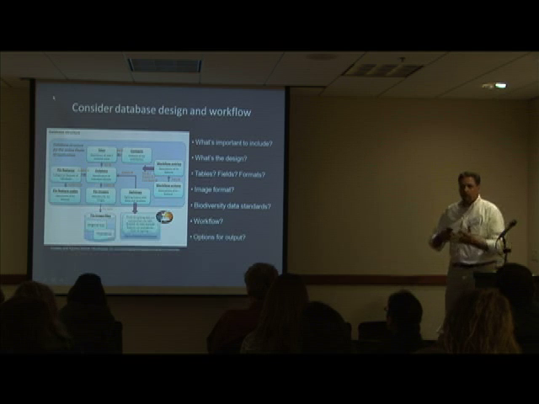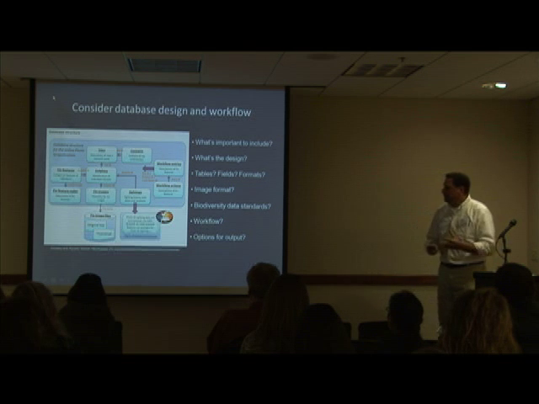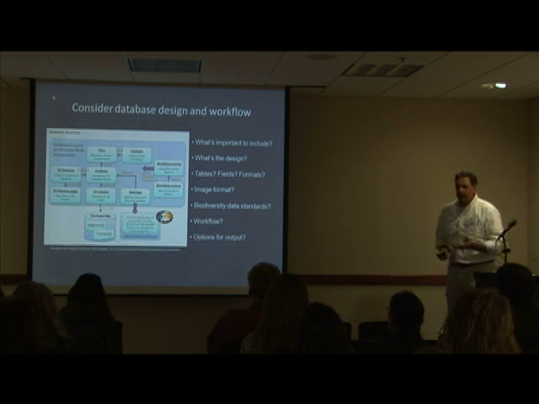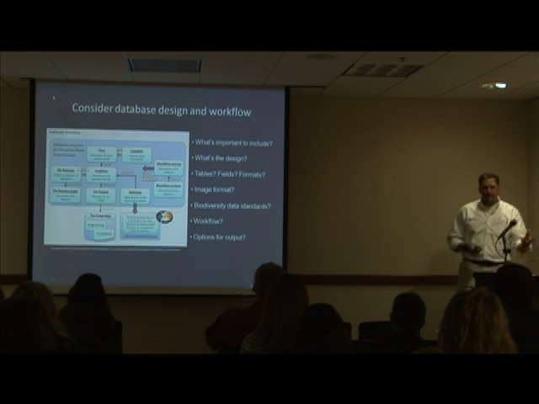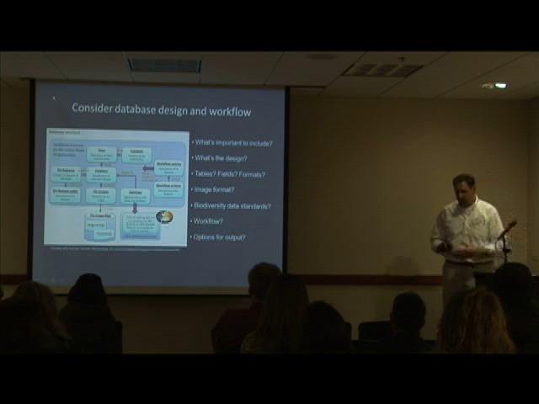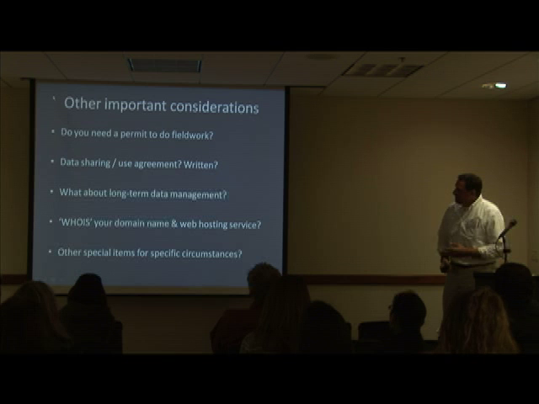Will there be a workflow of some kind, an application around the database to help people navigate what to do when they're using it? And then what options do you have for output? Do you want stats to come out of the database to be applied in some mark recapture analysis, like Greg was just talking about?